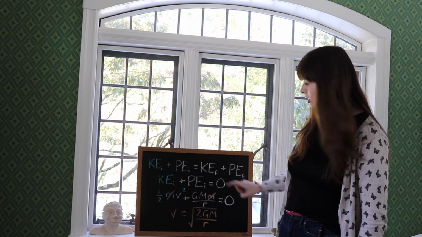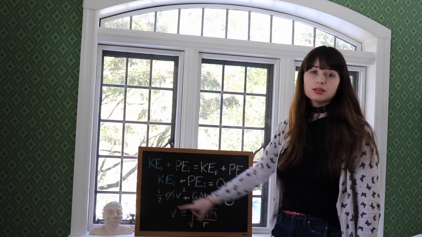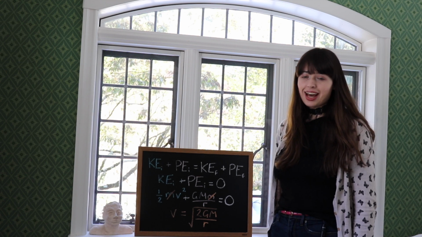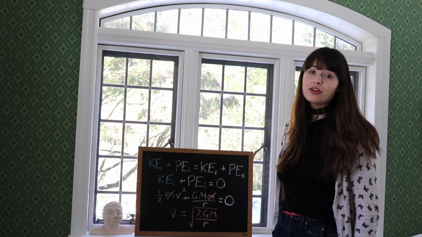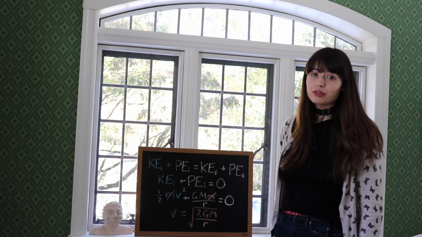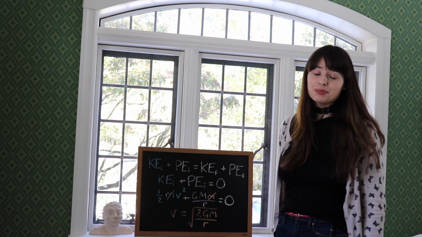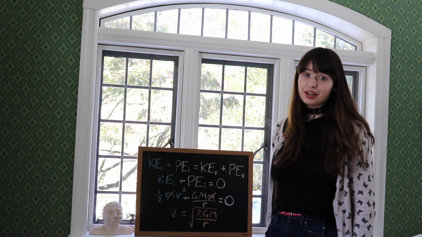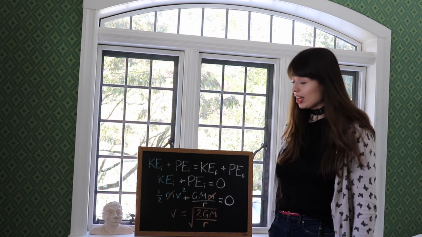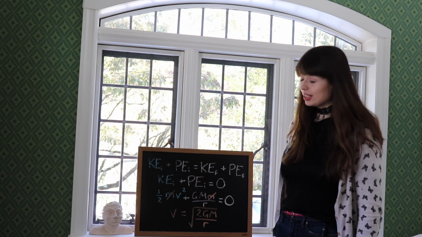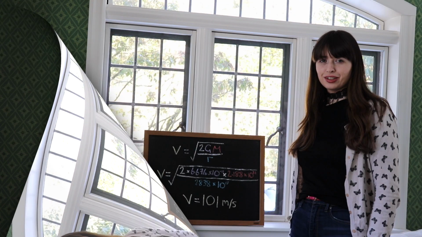So we can put this equal to 0. We then substitute in our equation, so we have half mv squared for kinetic energy and GMm over r for our gravitational potential energy. The masses cancel out, and with a little bit of rearranging, we have our equation for the escape velocity of the Earth. v equals the square root of 2GM divided by r.